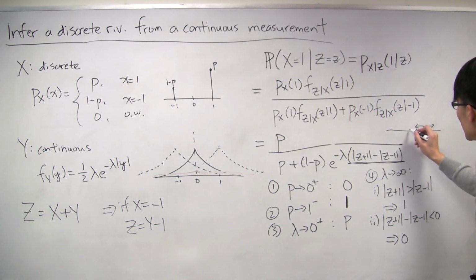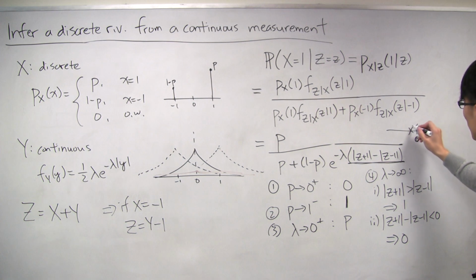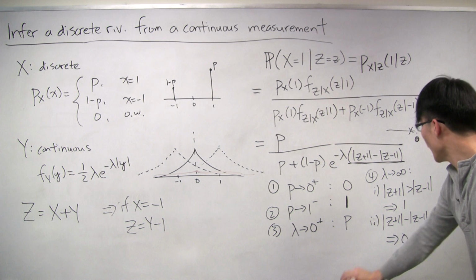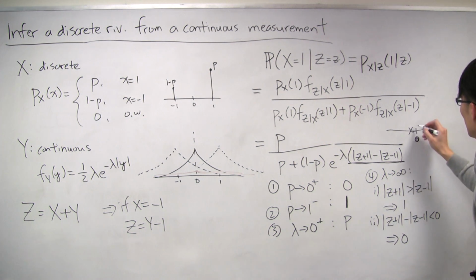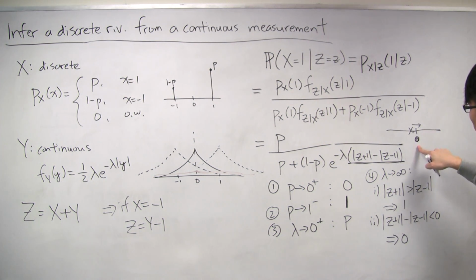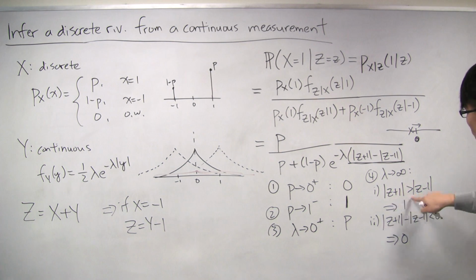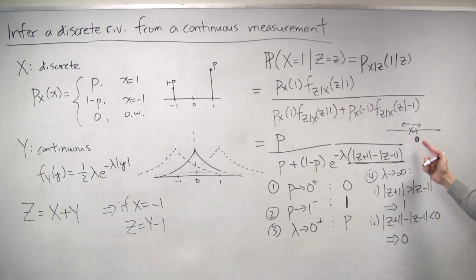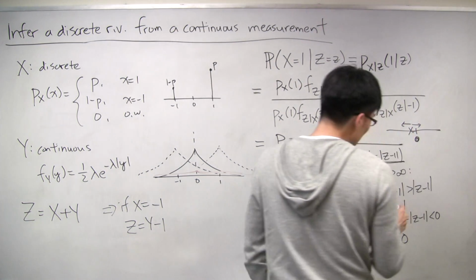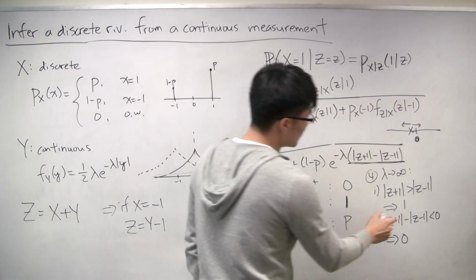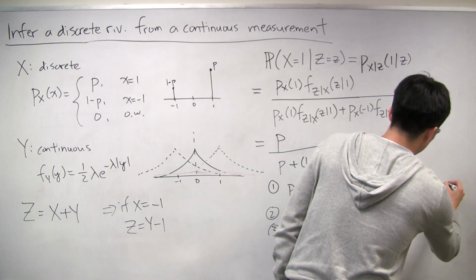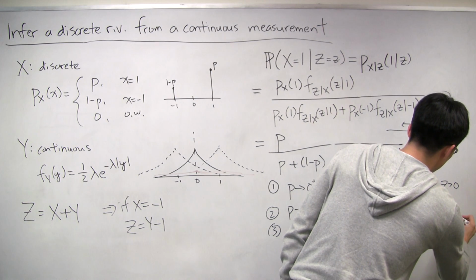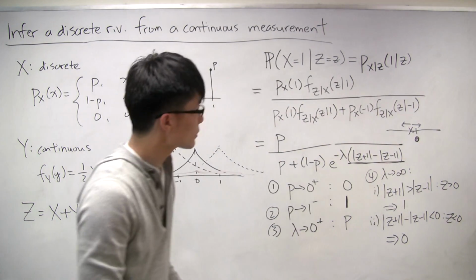Now, if you're on the other side, adding 1 will take you closer to 0, and so this magnitude would be smaller, whereas subtracting 1 will take you farther away, so the absolute value actually increases the magnitude. And so this is the same as z being positive. And so this is the same as z being negative.